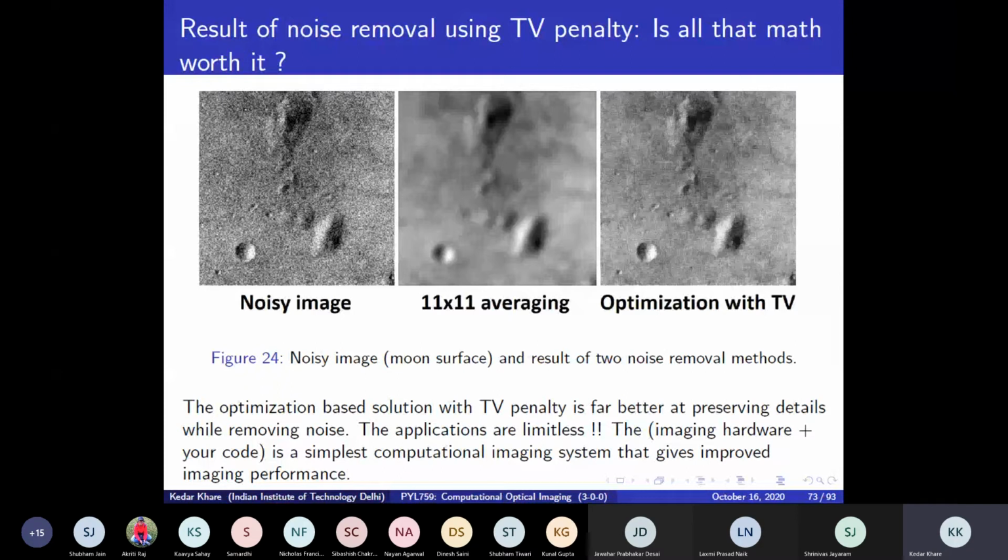For any application that you are dealing with, having this optimization-based image will be much nicer. For any image processing downstream that uses this hardware alone, or this camera and telescope plus your algorithm, you are going to make a difference to the application that you employ this for.